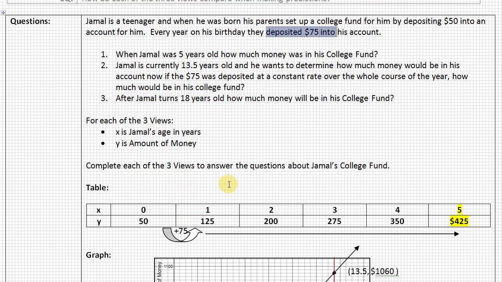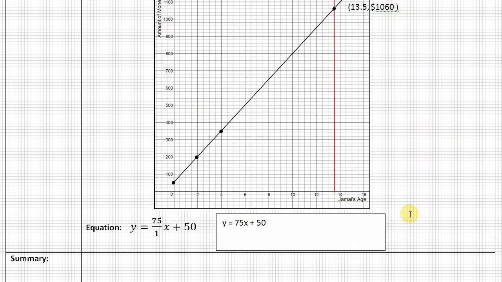So our x is changing by 1, and our y is increasing by 75 every time. Change in y over change in x, 75 over 1, can simplify to 75. And our starting value, when he was 0, they deposited $50. That's our starting value, or our y-intercept, and so plus 50.